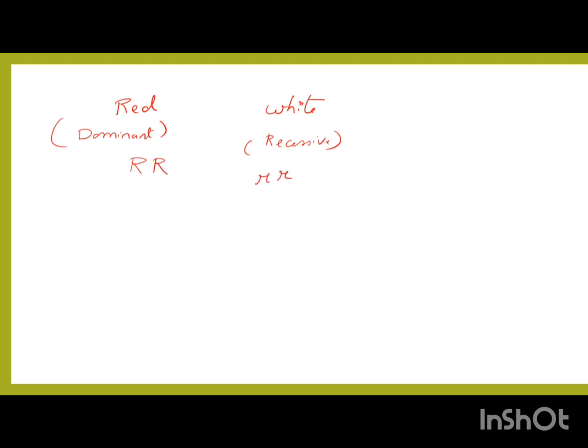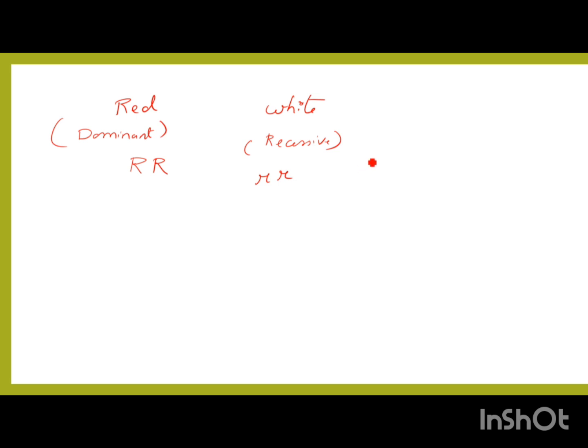Always remember that the recessive traits are represented by the small alphabet of what we used for dominant traits. As we have used capital R for the dominant trait, for white we have to use small r.